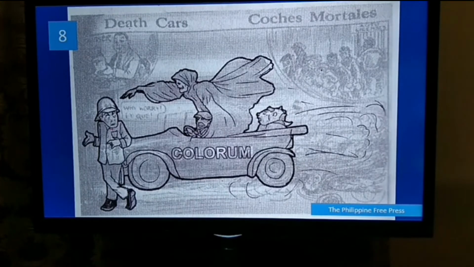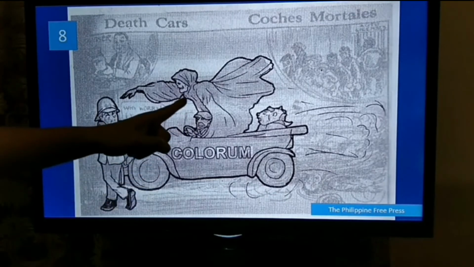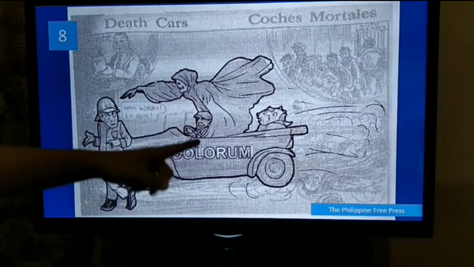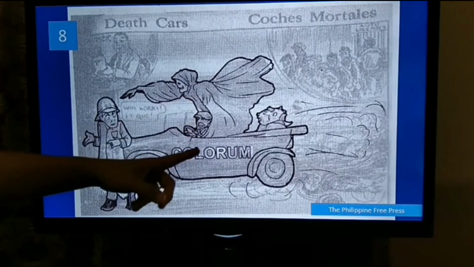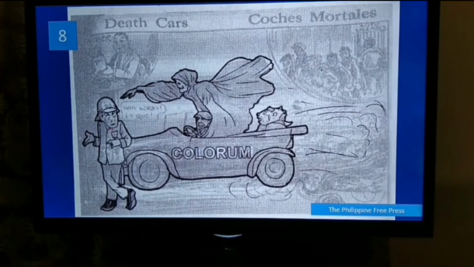So this newspaper is hitting or criticizing this practice of Filipinos of doing illegal business. And it's saying that it's dangerous because many people die because of colorum vehicles. There must be some accidents that happened or that were rampant during that time.